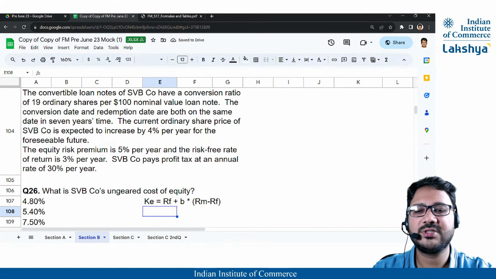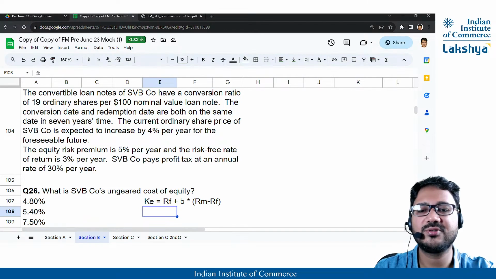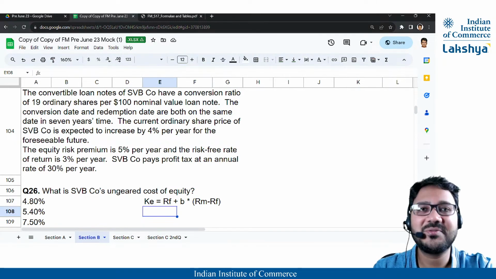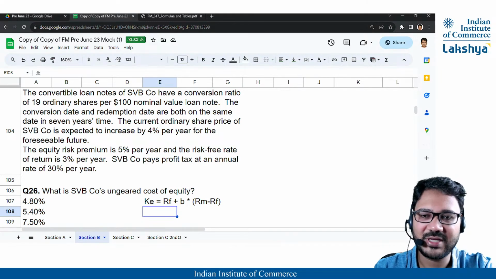Now this beta that we take is usually equity beta. But here they are asking us to find the ungeared cost of capital. Ungeared means zero gearing, as if it's an all equity financed company, which essentially is the asset beta, or the ungeared beta is what we have to take.